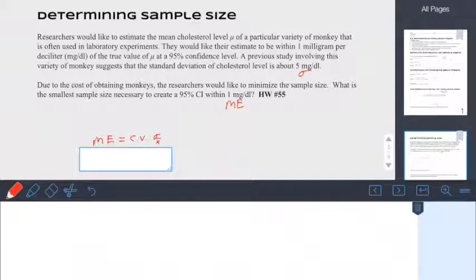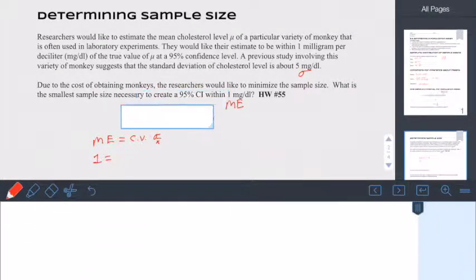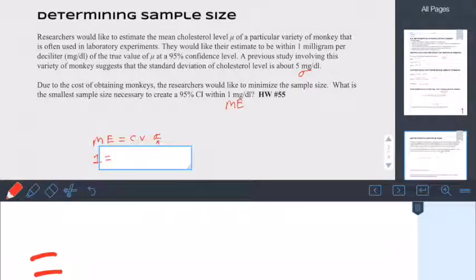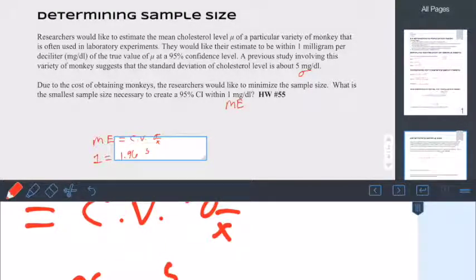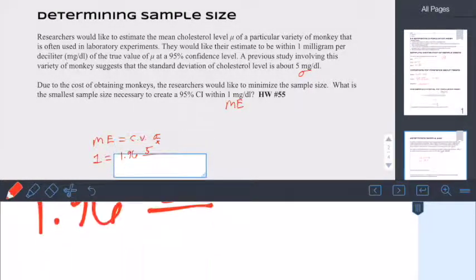So we have 1 equals, well, for a 95% confidence interval, our z star would be 1.96. And we have sigma over square root of n. So we have 5 over square root of n, which we don't know, so we'll just call it n.